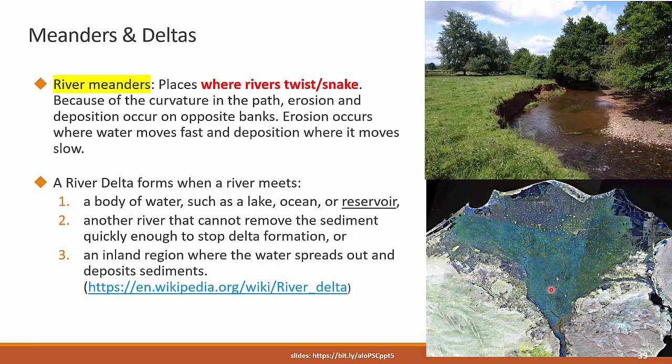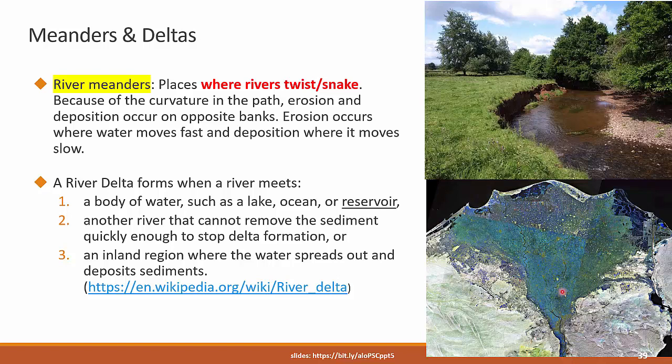And by slowing down, it's going to start depositing a lot of the sediments it's carrying. Like here, slowed down, depositing sediments. So here, that's where the sediments are deposited. The sediments in this case carry a lot of rich soil from upstream in the river where we had the erosion.